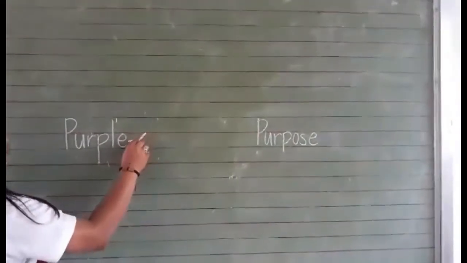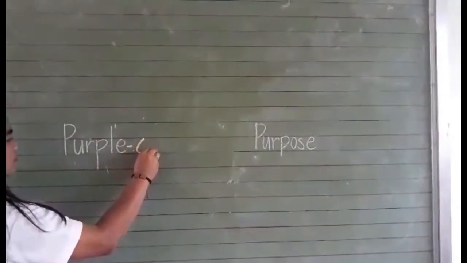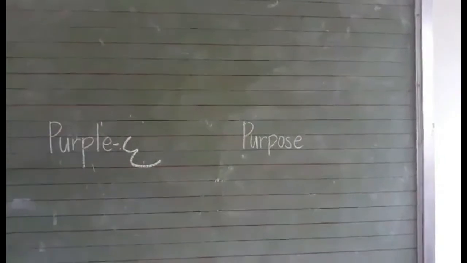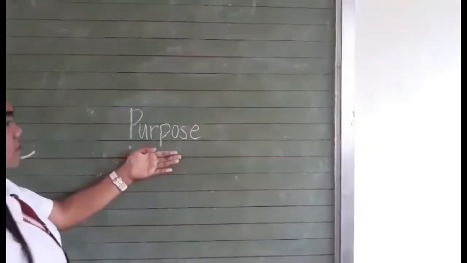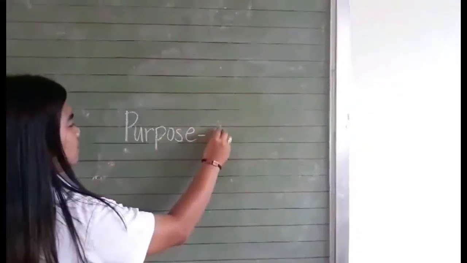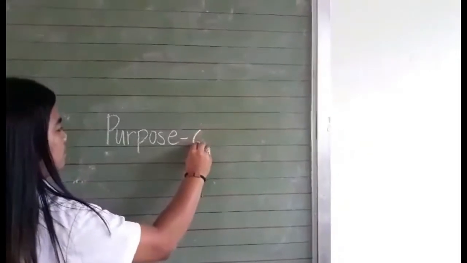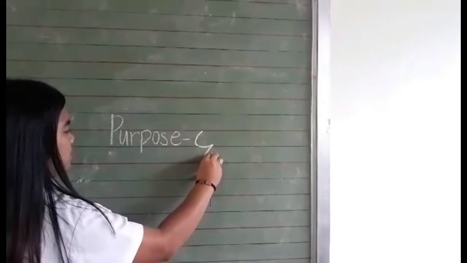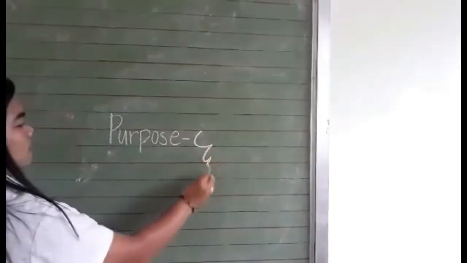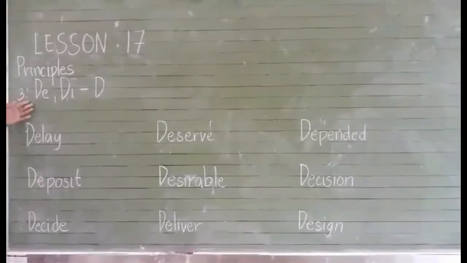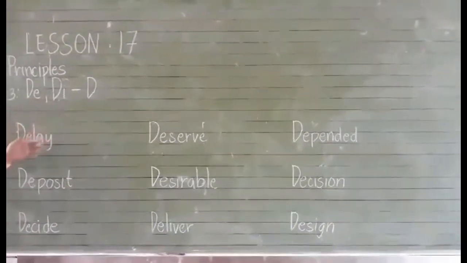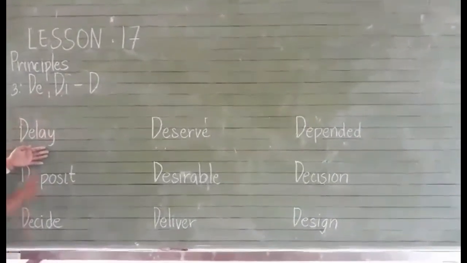Purple is represented by the word beginning pur, P, and L. Purpose is represented by pur, P, O, and left S. In principle number 3, we have the de and di sound, which is represented by D.